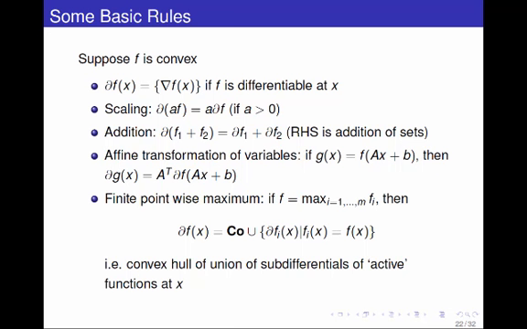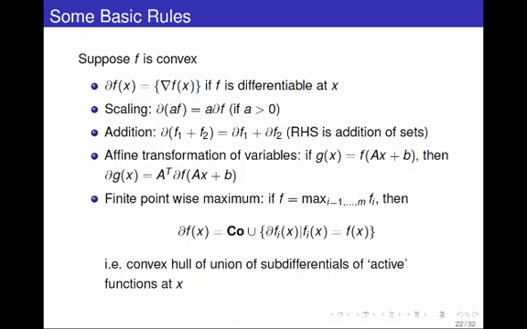Addition also follows through for subgradients, and so do affine transformations of variables. So if g is f of some affine function of x, then the subgradient of g is A transpose times the gradient of the affine function.